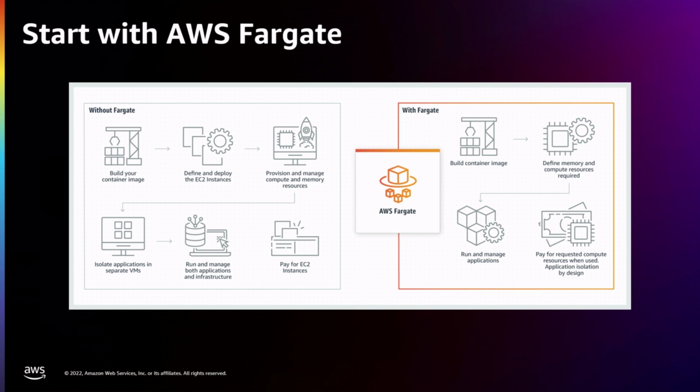Fargate takes care of all of this on your behalf and provides you a simple interface where you just think about your application's resource requirements and express them in a task definition. And ECS Fargate takes care of provisioning the right types of compute and maintaining that compute for you.